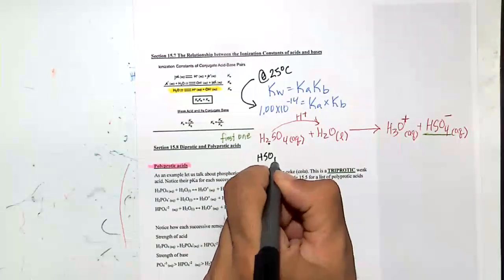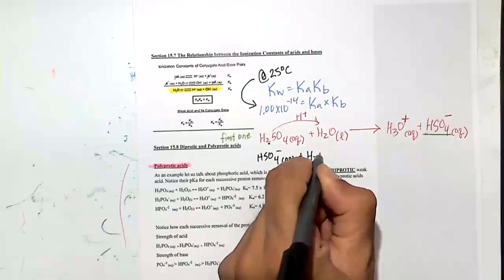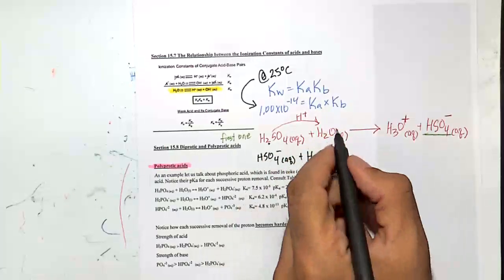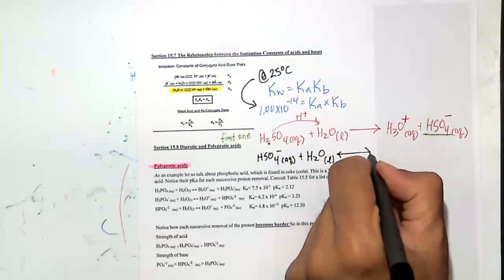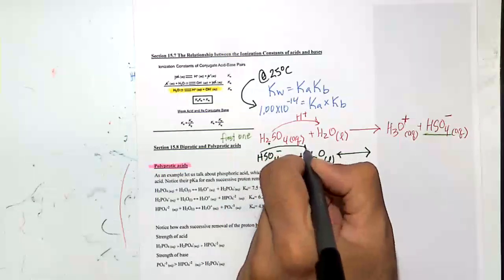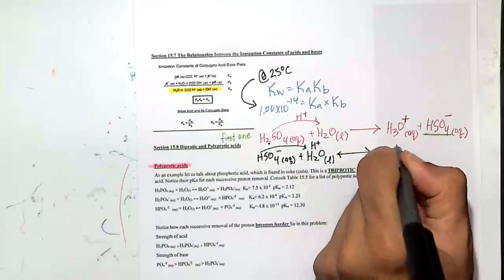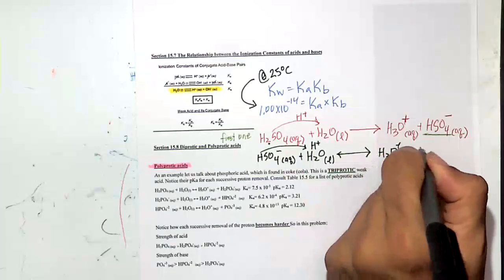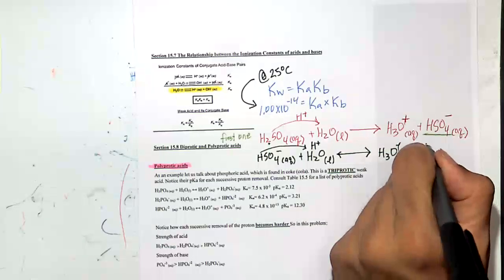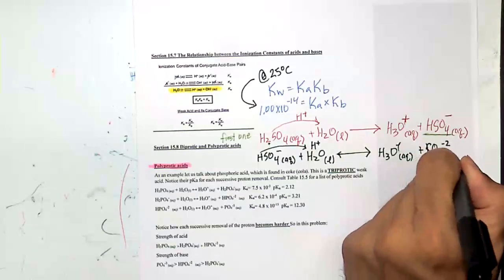And look at my arrows here. In contrast. Okay, watch my arrow. Okay, this is sulfate, SO4 2 minus.